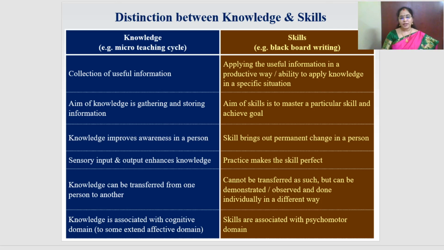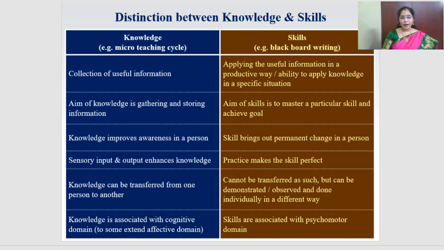Let's now differentiate knowledge and skill. In my previous video lecture, you have already learned what is knowledge, the meaning, characteristics, types, sources of knowledge. Now let us focus on how we are going to differentiate knowledge from skill, for which let me give you an example.